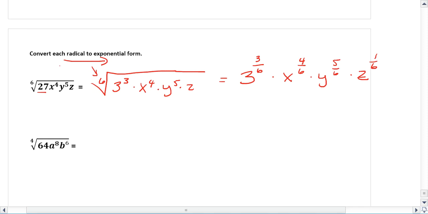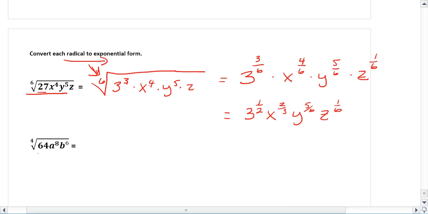So all I did is took this root of 6 and I put it as the denominator in all of these exponents. And then, of course, we reduce fractions. So this becomes 3 to the 1/2, x to the 2/3, and I don't think I need to reduce these exponents. So that is this radical converted into exponential form.